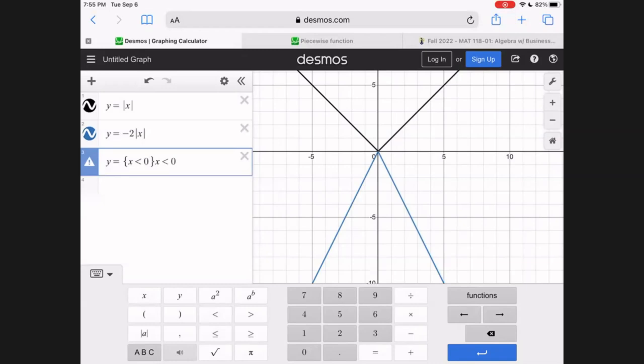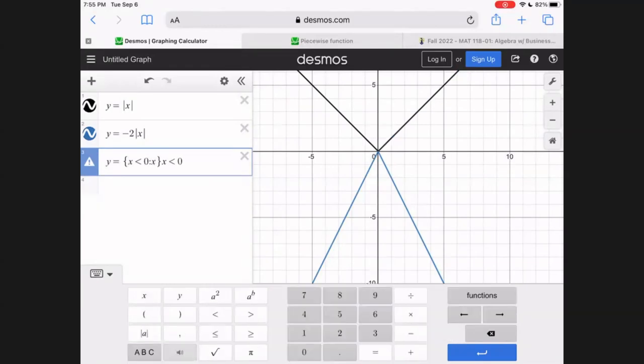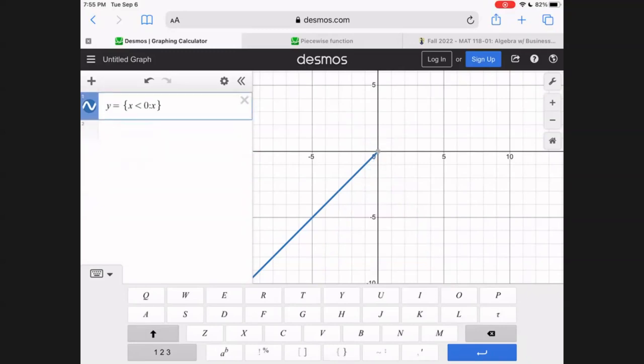Okay, so I'm going to turn the other stuff off. So we see now we just have a line here and so forth. So you could do whatever you'd like. It's the domain restriction and then the other thing.